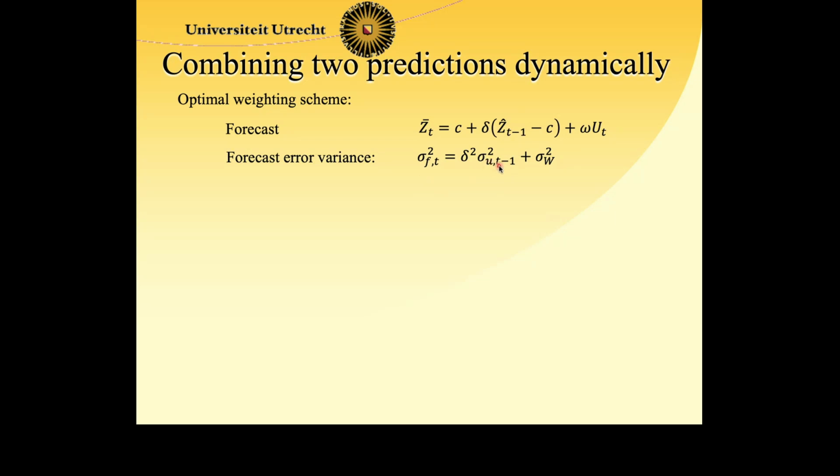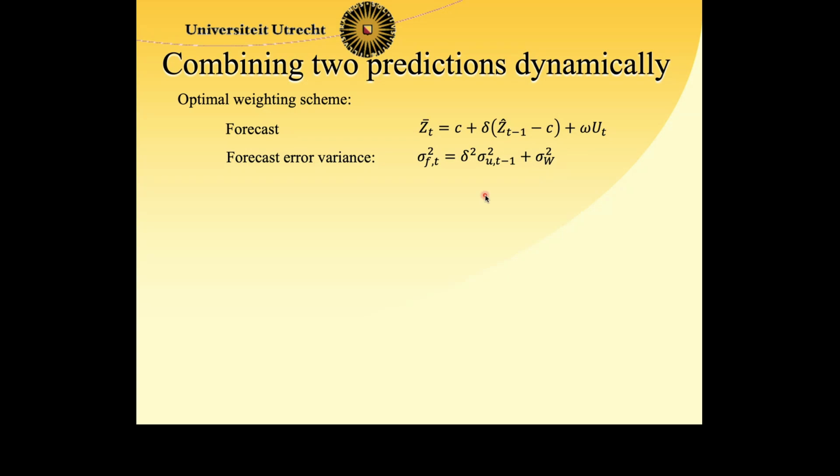Suppose that we know that already. You have to just take it from me that the variance of the forecast is equal to delta squared times the variance of the time update of the previous time step plus an additional error that we get from the model. So this is the forecasted variance.